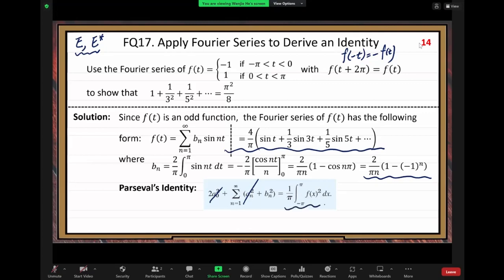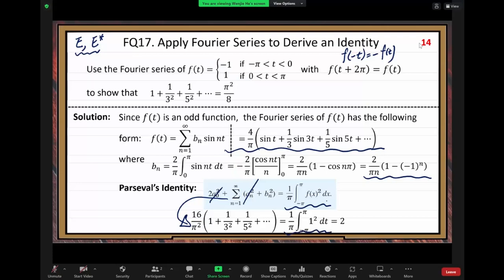It equals the integral. The right-hand side integral calculation is very easy. So let's do the calculation. The left-hand side, we plug in the numbers and get 16 over pi squared times the summation of the reciprocals of consecutive odd integers. The right-hand side integral calculation is very easy, right?